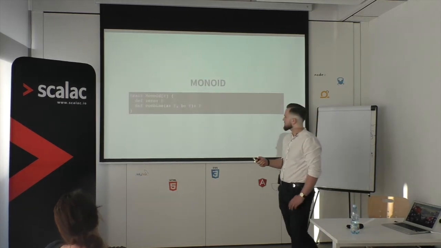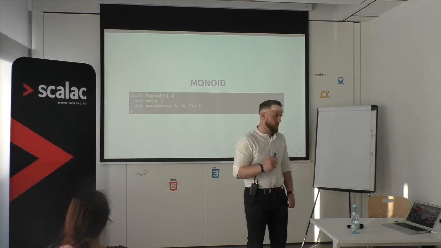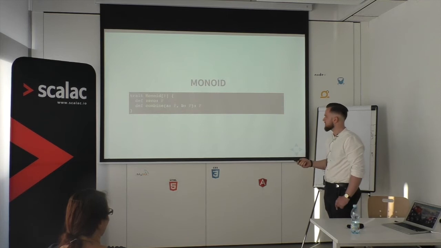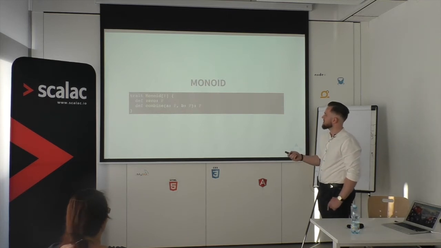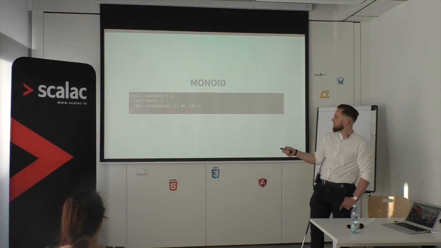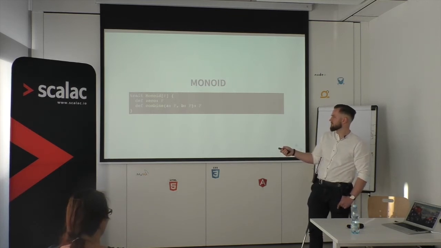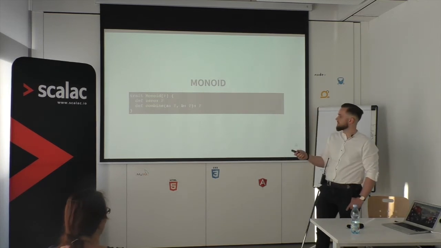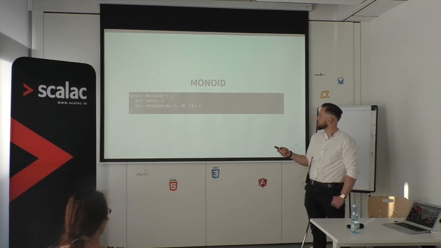Let's go forward. We have the monoid. I have changed the names of the methods a little because I don't really care. This was append and I don't remember. Empty, yeah, empty. But basically the type signatures are the only thing that matters.